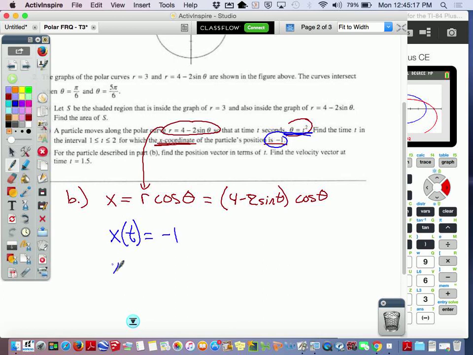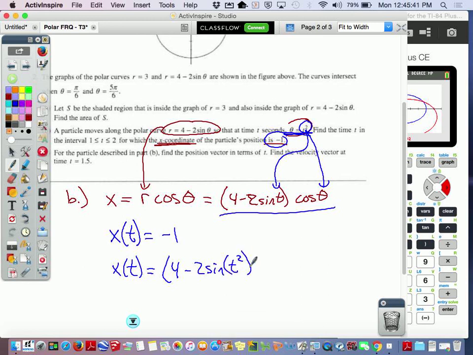But I first have to come up with an equation for x of t. X of theta is up here. Well, I know that theta is equal to t squared, so I'm going to plug t squared in for each of my thetas. Then I'll have a function for x in terms of t. So I have 4 minus 2 sine of t squared times cosine of t squared.